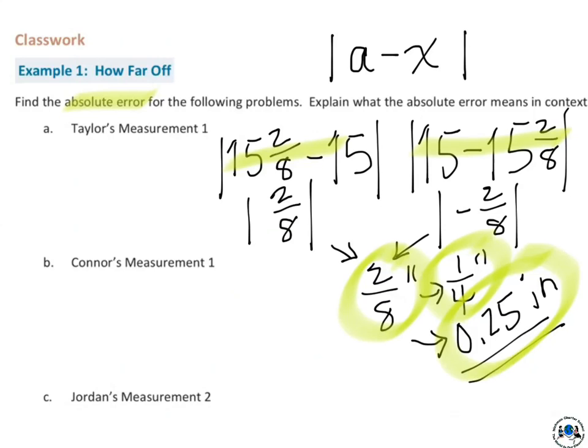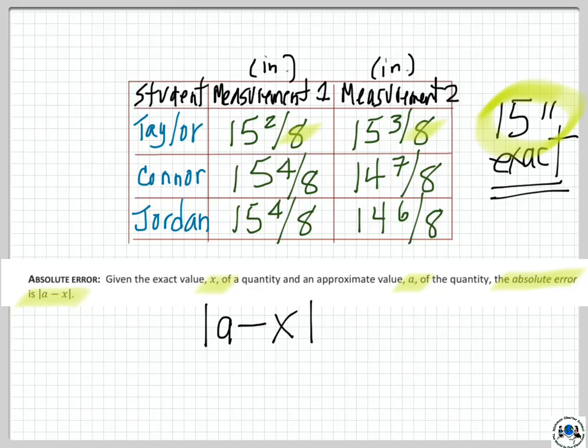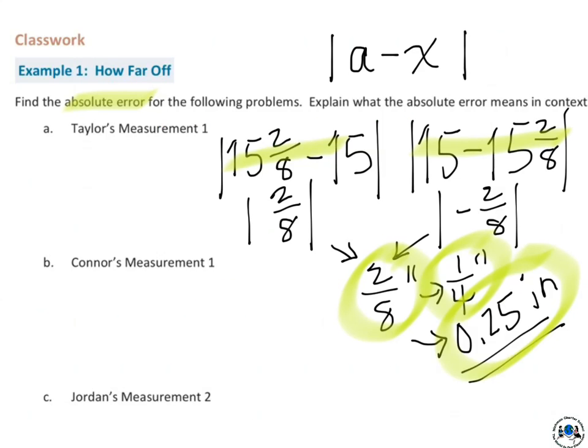And now Connor's measurement 1. Let's look at his numbers. He had 15 4/8. The absolute value of 15 4/8 minus 15 is going to be the absolute value of 4/8, which is 4/8.